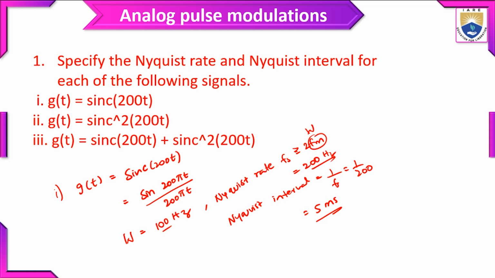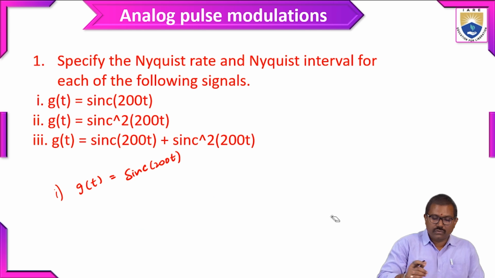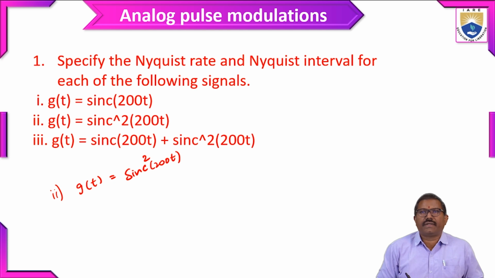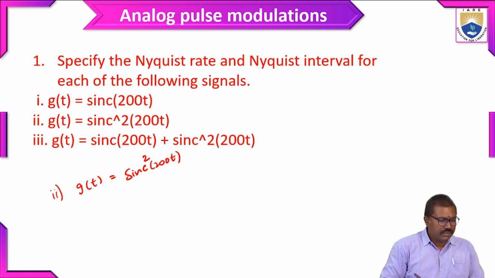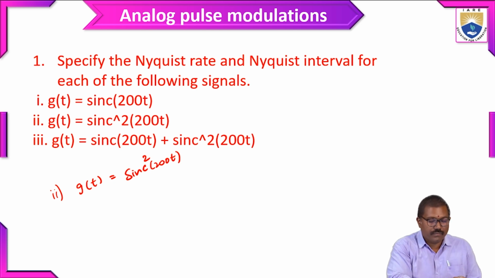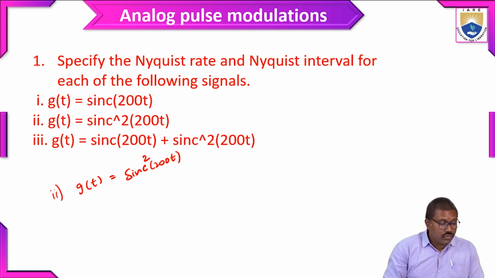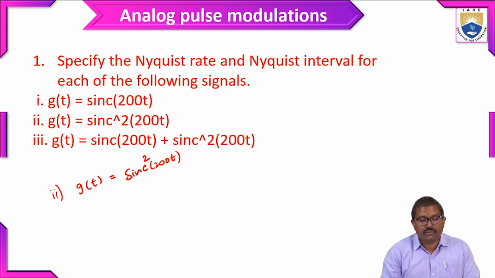Coming to the second one, this is a sinc square. The second problem is sinc square 200t. The highest frequency component of g of t equal to sinc square 200 t is twice that of the first one.